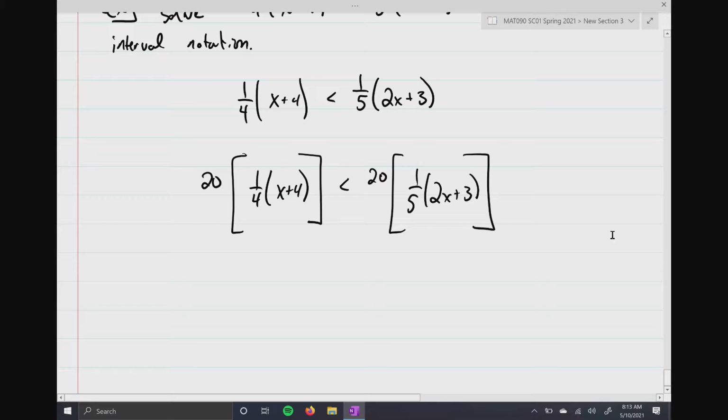So, I'm going to multiply everything by 20 because that's going to eliminate denominators. So do that first. 20 divided by 4 is 5 times 1 times x plus 4 is less than 20 divided by 5 is 4 times 1 times 2x plus 3.